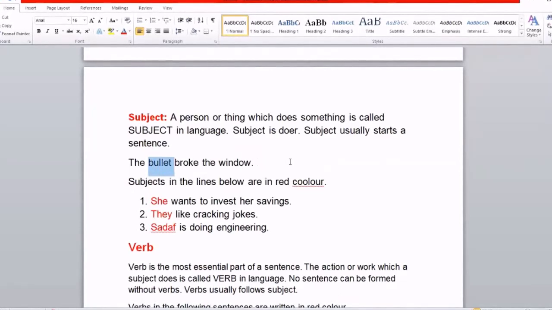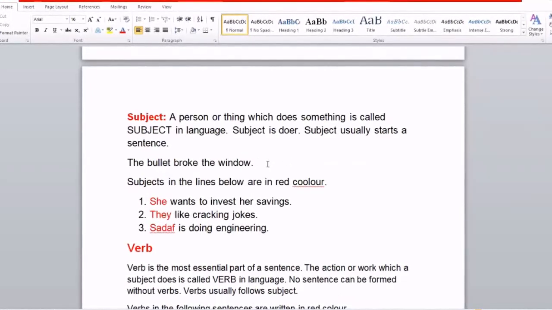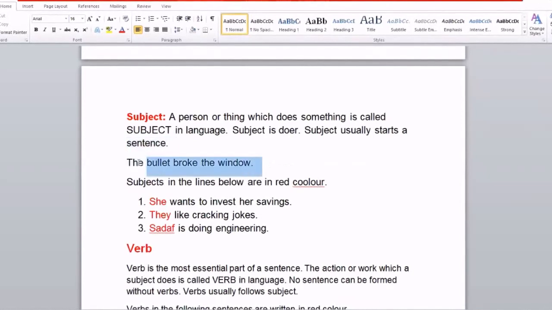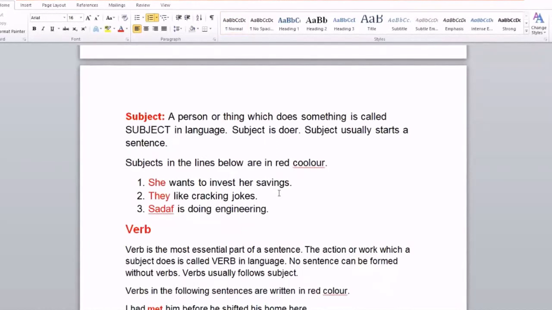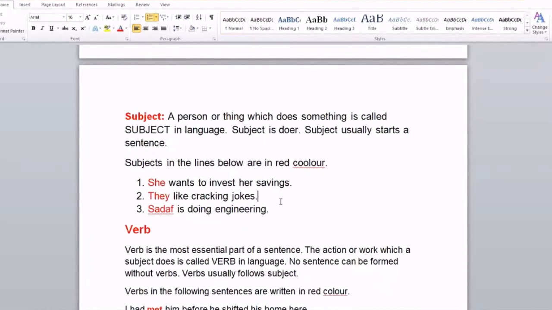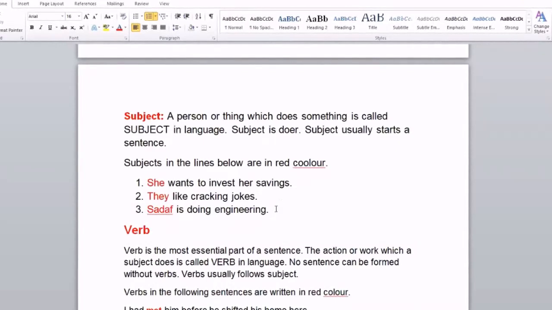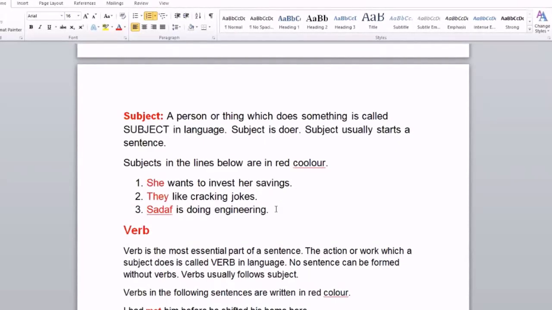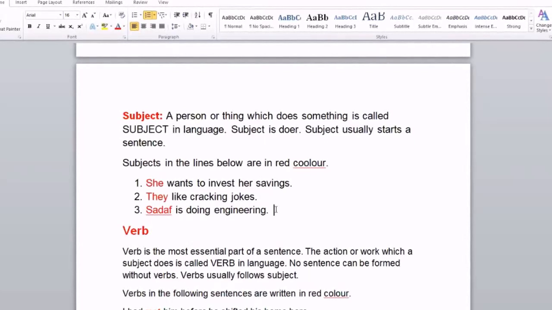Even though bullet is a non-living thing, inanimate, it is acting as a subject in the sentence. So you should keep this in mind that subject is not always a person. It can be a thing, a situation, an idea. Whatever does something in a sentence is subject of that sentence. So subject is doer. Okay.